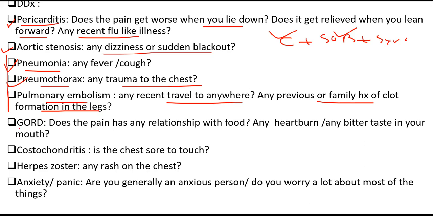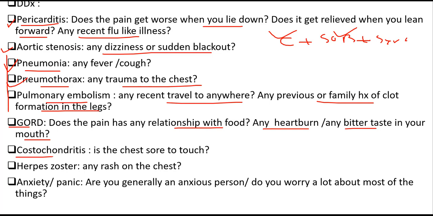Then for GIT, you have reflux and peptic ulcer disease. Ask, does the pain have any relationship with food, any heartburn or any bitter taste in your mouth? You can also ask about any pain in your tummy after eating food, which relates to peptic ulcer disease. After that, we move on to musculoskeletal chest pain.